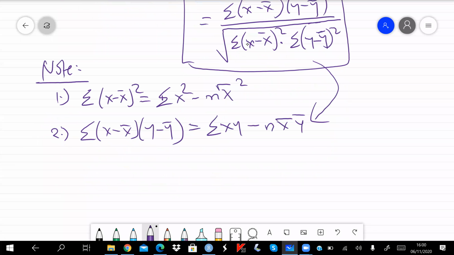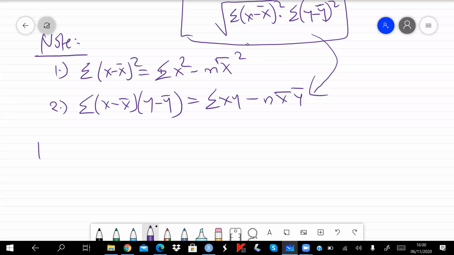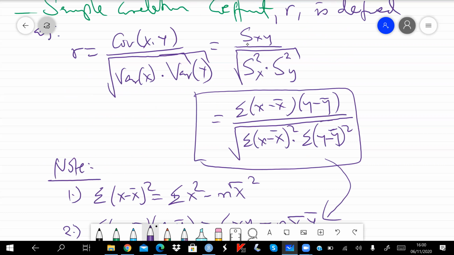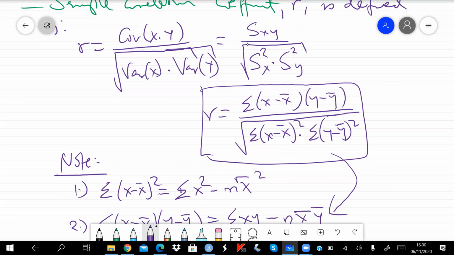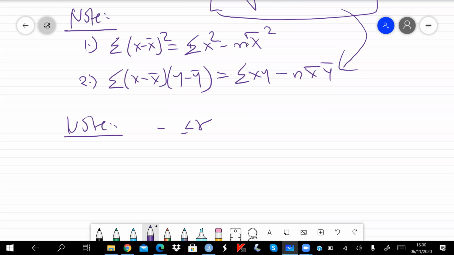We note further that R, the correlation coefficient, is always a number between -1 and +1. That's number one.